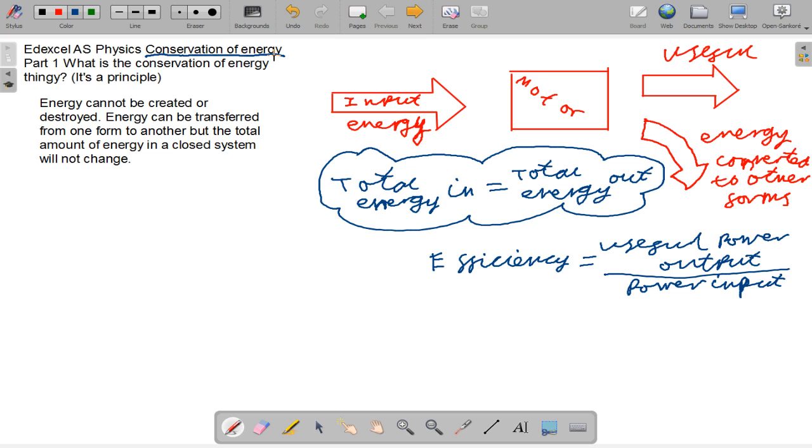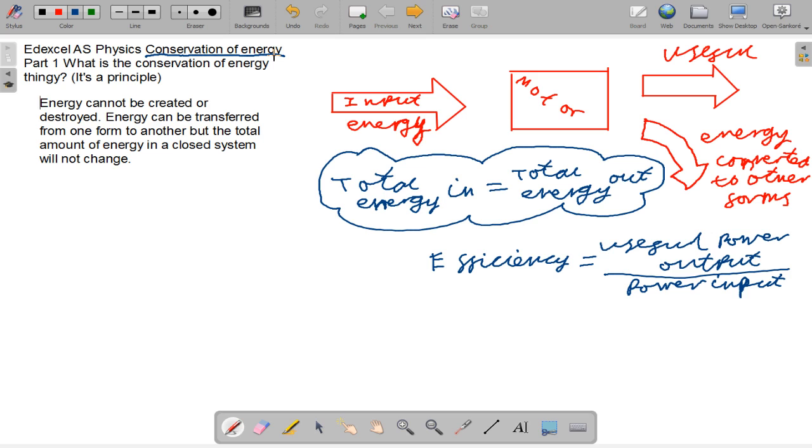So what is the conservation of energy? Well, it's a principle. It's the fact that the total energy in is equal to the total energy out. This is the idea that energy cannot be created or destroyed, but instead it can be transferred from one form to another.